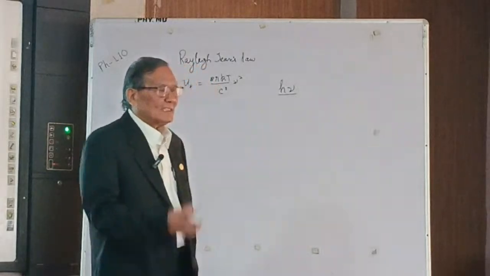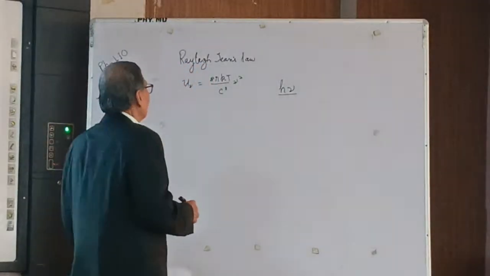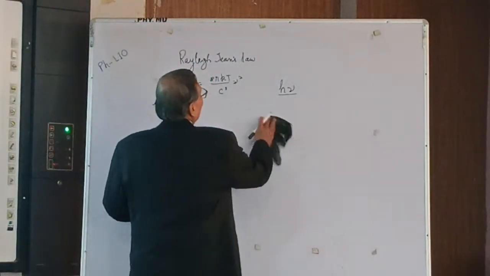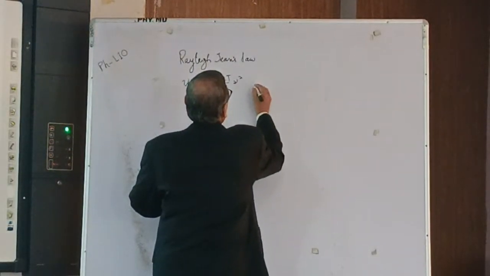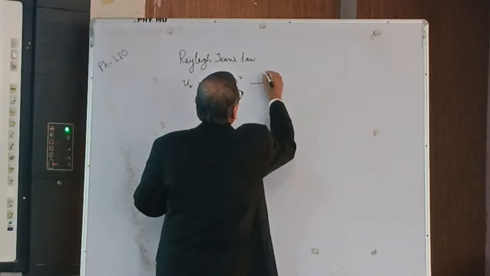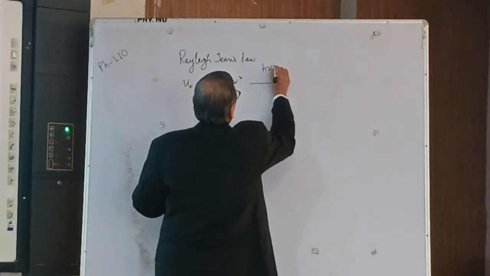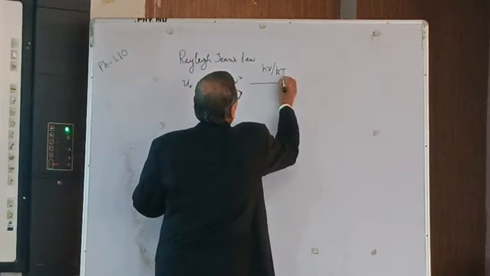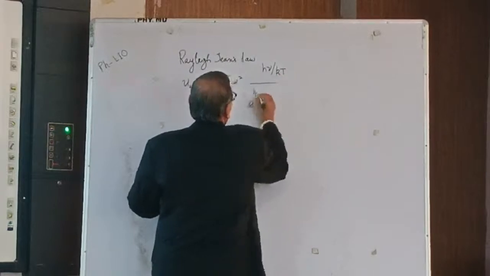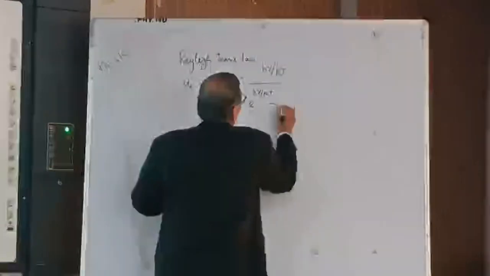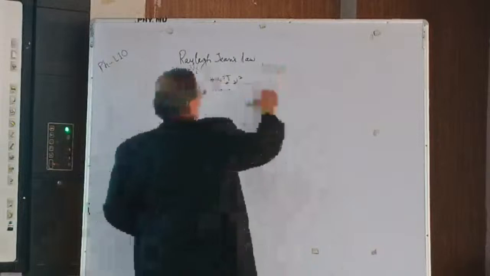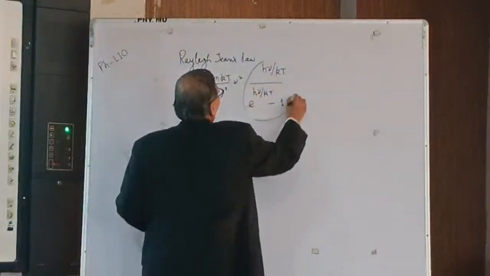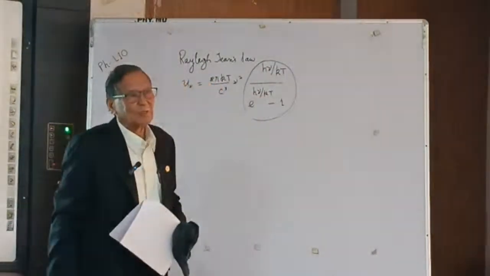With the introduction of this hypothesis, he derived his famous formula, which gets a multiplication factor of 1 over e to the power h nu by kT, minus 1. This exponential introduces a convergence factor.